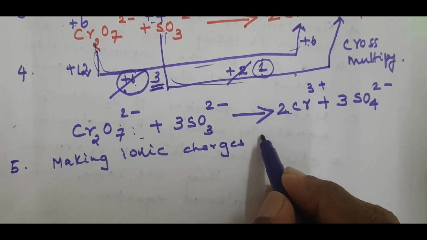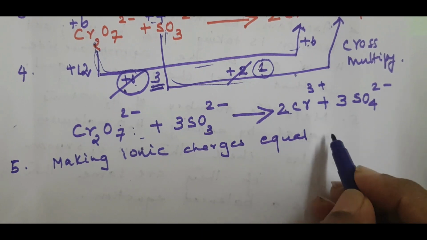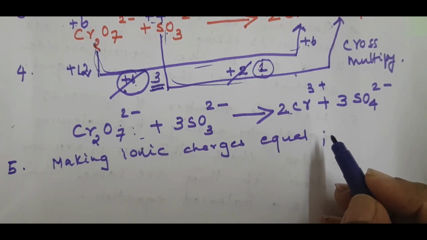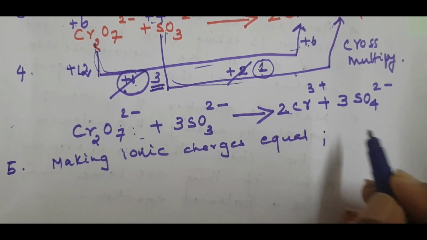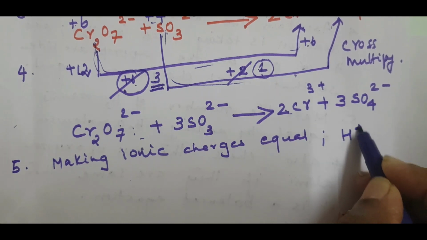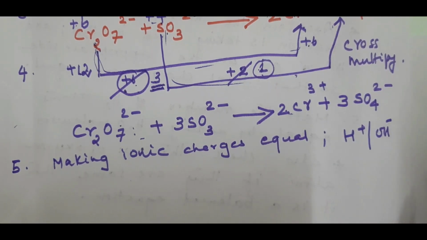So making ionic charges equal, we have already said in the rule, you have to add H plus or OH minus according to the medium. Here it is an acidic medium.